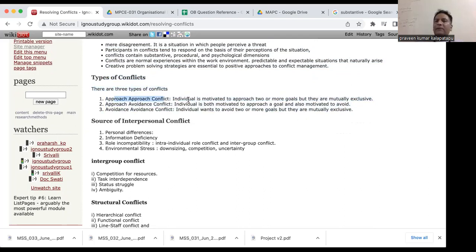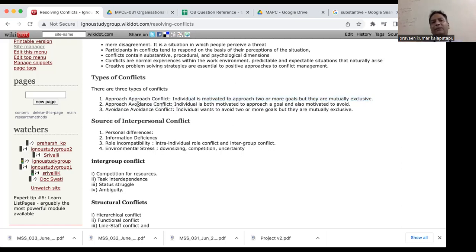What it means is the individual is motivated to approach two or more goals, but they are exclusive. These two goals don't interfere, but you want to go towards goal one and you want to go towards goal two. So there is a conflict about which goal to choose, but both goals are not related as such.